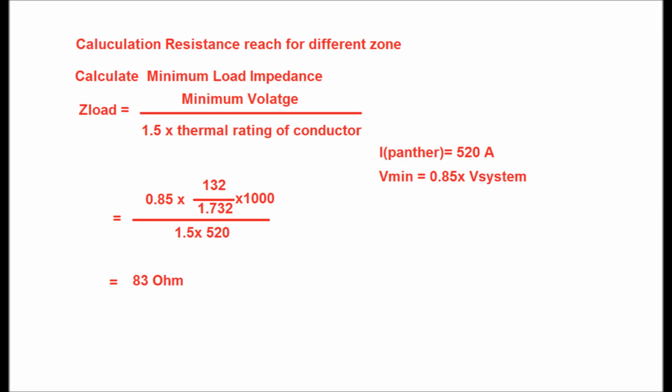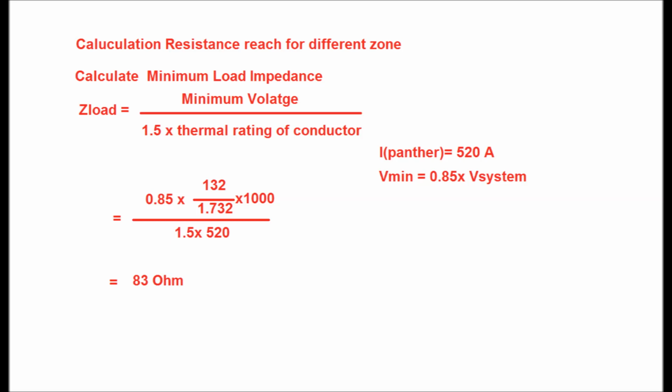First we have to calculate the minimum load impedance, that is Z load equal to minimum voltage divided by 1.5 into the thermal rating of the conductor. For Panther conductor it is 520 ampere, and V minimum is calculated by the formula 0.85 into V system voltage.